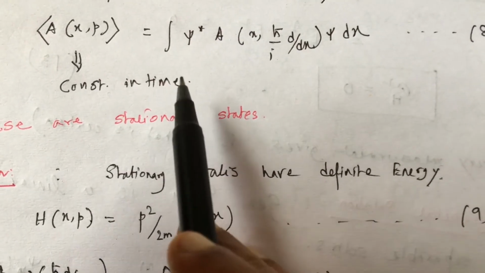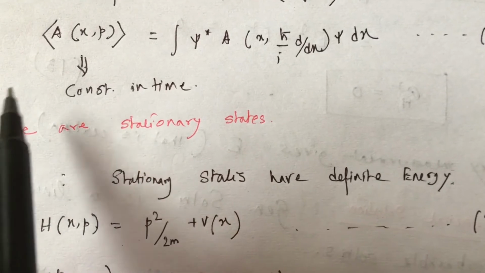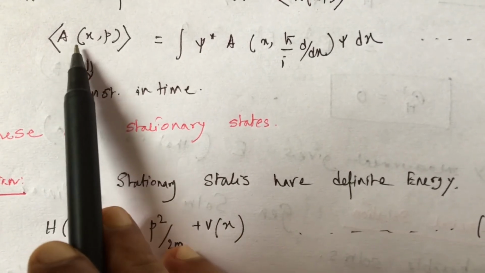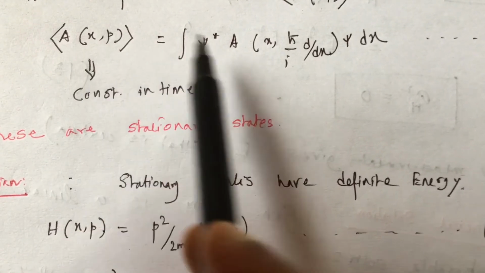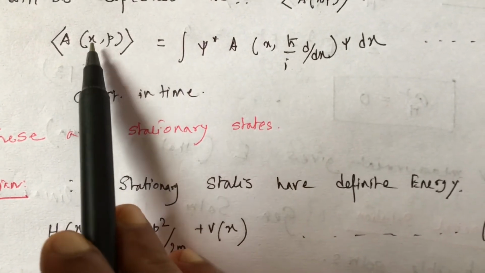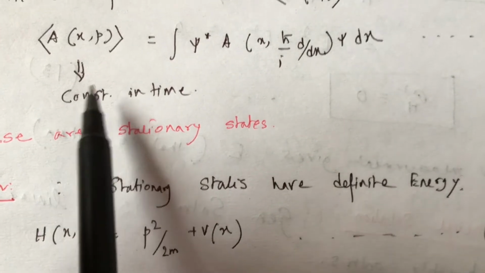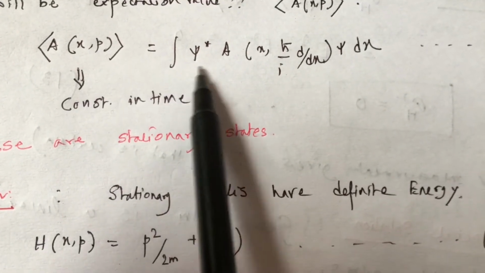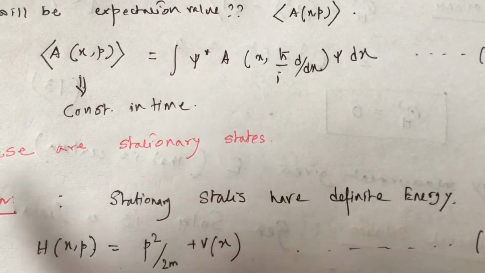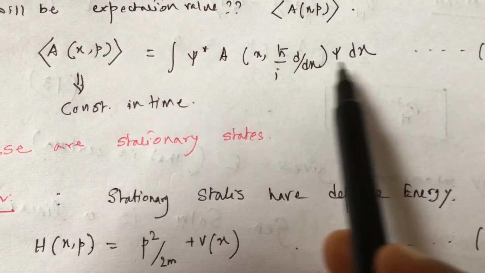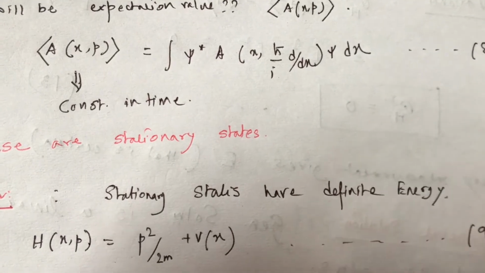So if I want to find the expectation value of a quantity which is dependent on x and p, whatever it may be, a function of position and momentum, this is the definition of the expectation value. The integration is over the entire space, on the space factor.